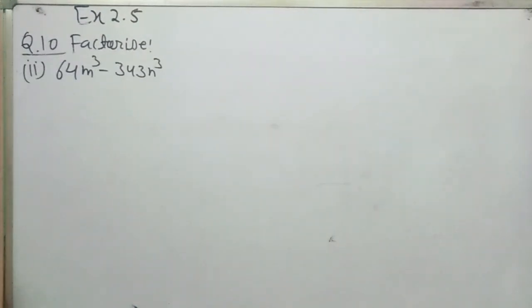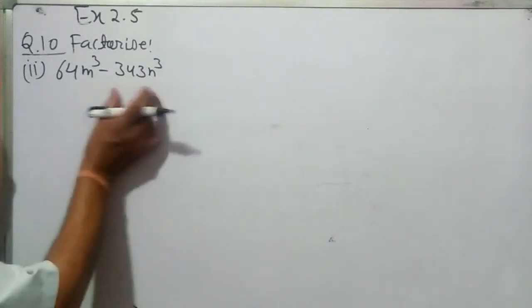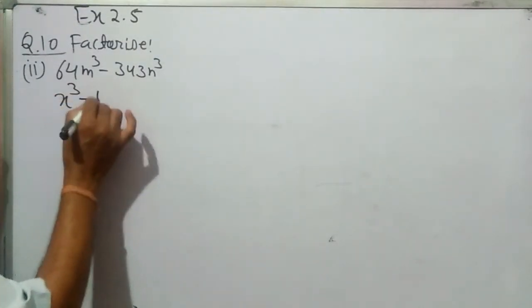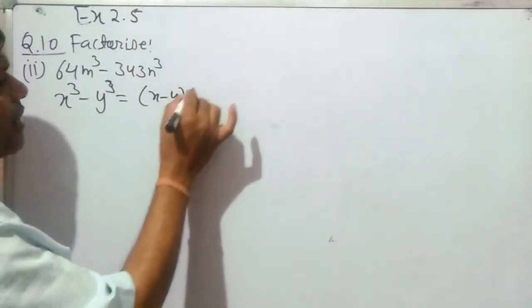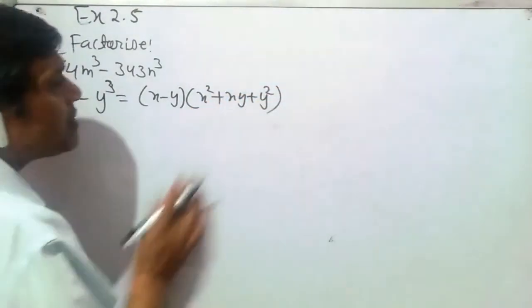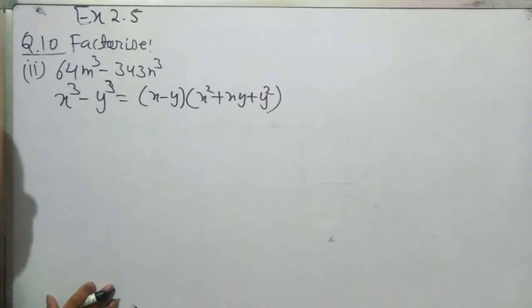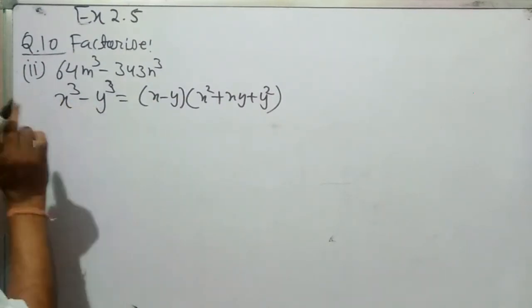Similarly, in the second part, we are given the difference of cubes. So here we will use the identity x cube minus y cube as x minus y multiplied with x square plus xy plus y square. The problem is to identify what is x and what is y.